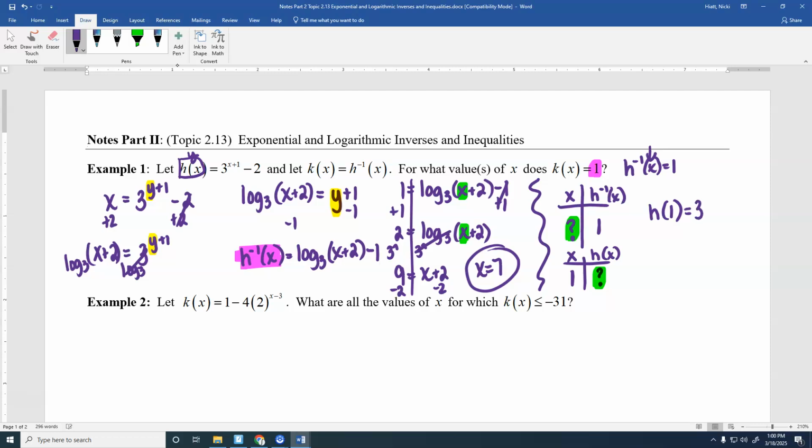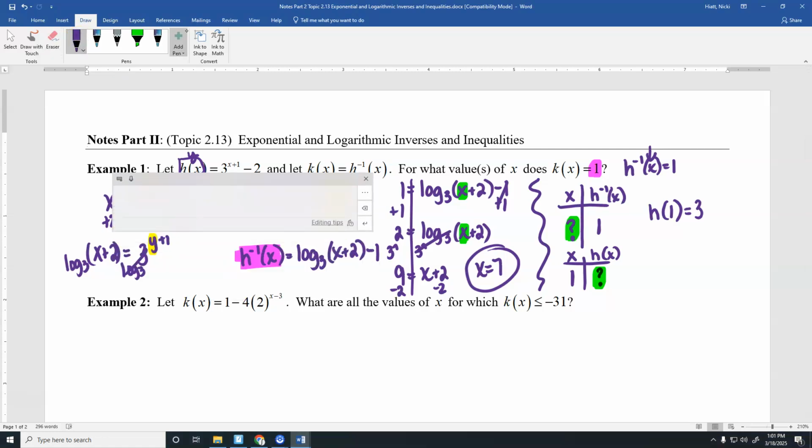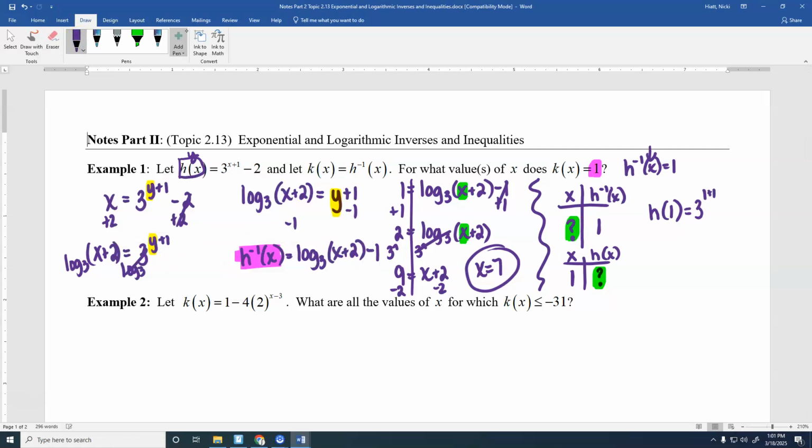So 3 to the 1 plus 1 minus 2 is going to equal 3 squared minus 2, which will be 9 minus 2, which will also give us 7 for that. This is quicker. I don't know if it's the first thing you're going to think of whenever you see it, but it's an option for you.